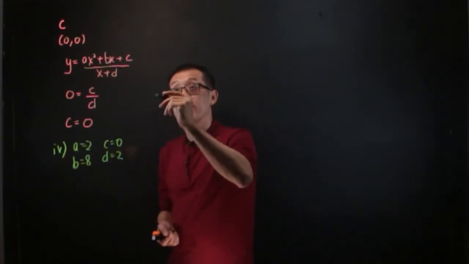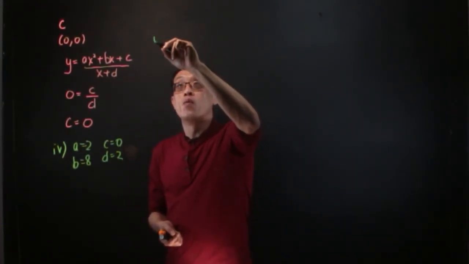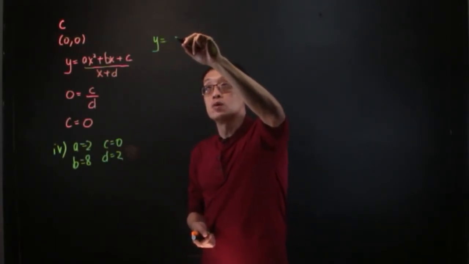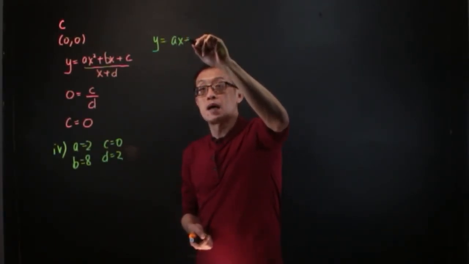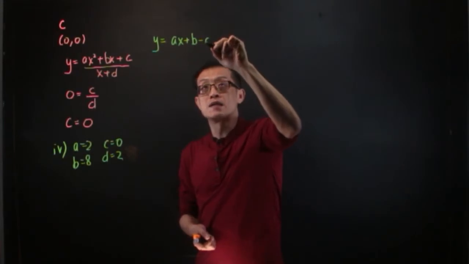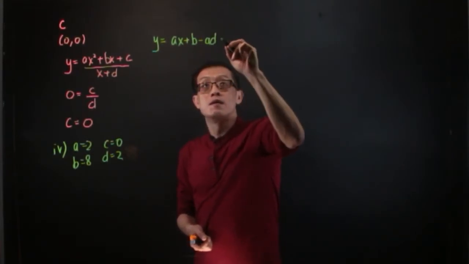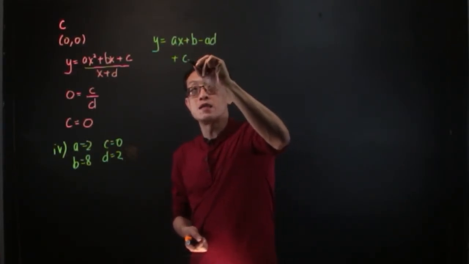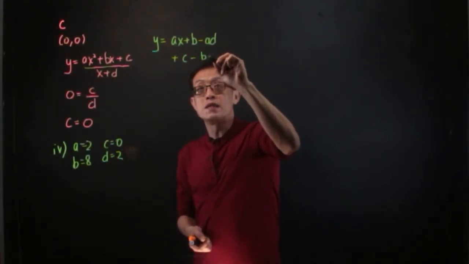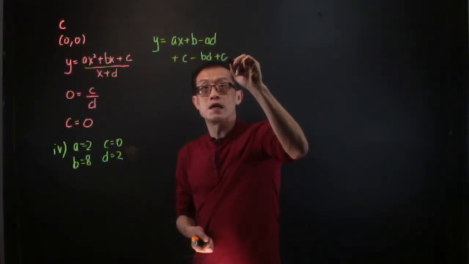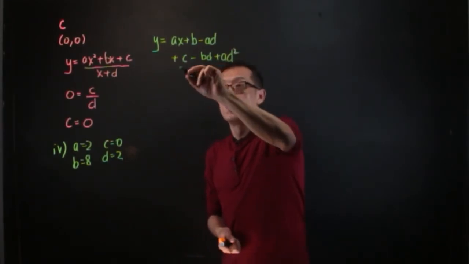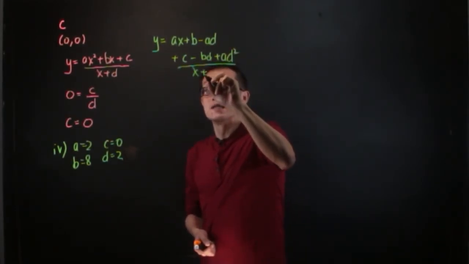Now earlier on we found that y is equals to ax plus b minus ad plus c minus bd plus ad squared over x plus d.